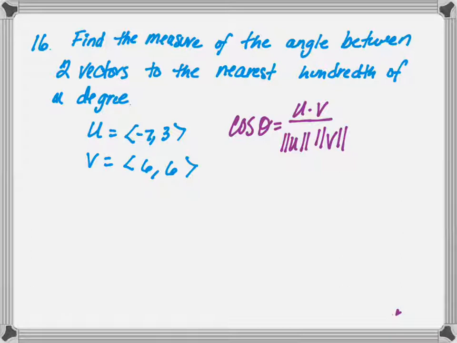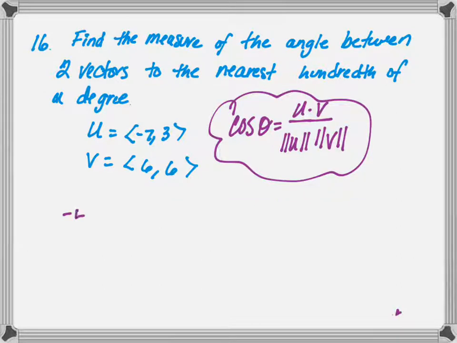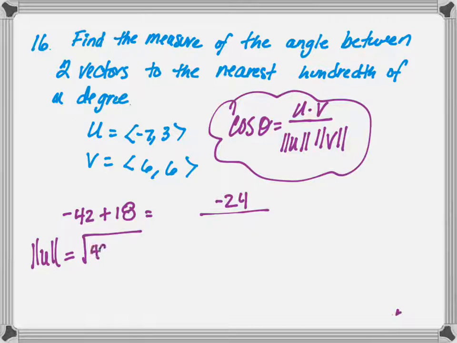So remember this is the formula you need to know. The dot product is negative 42 plus 18, which is negative 24. All right, the magnitude of u is the square root of 49 plus 9, which is the square root of 58.